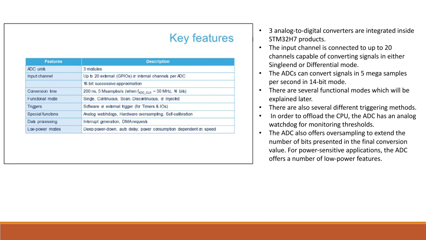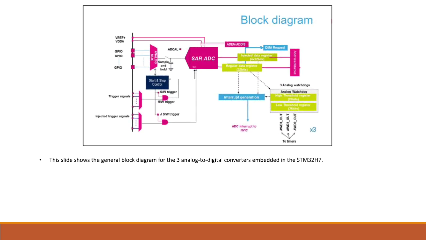So here comes the block diagram, generally of the three ADCs. Have a close look at it. At the right corner, you can see three analog watchdogs, with a low threshold register of 26 bits and a high threshold register of 26 bits.